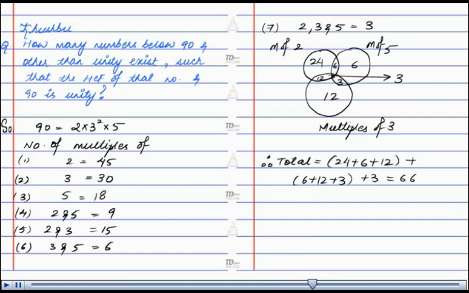Therefore, 90 minus 66, that is equal to 24 numbers, which also includes unity, compared with 90 have only 1 as common factor.